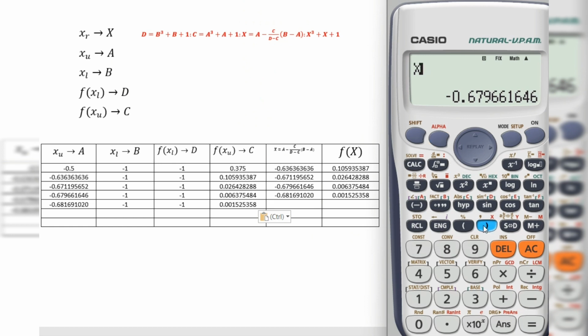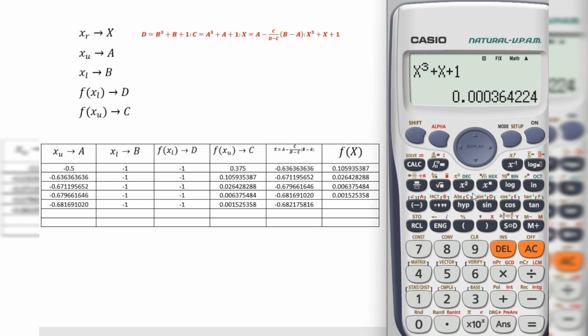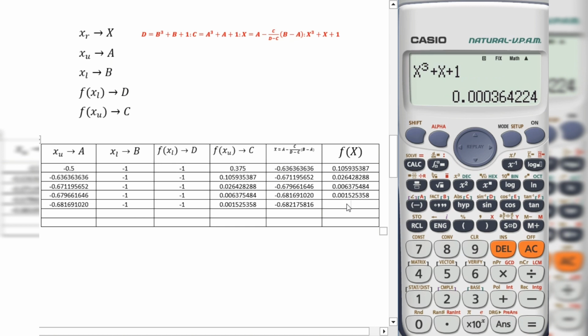A is equal to X, D is equal to minus 1, C is equal to this value and X equals minus 0.682175816. The function value is positive, 0.00364.